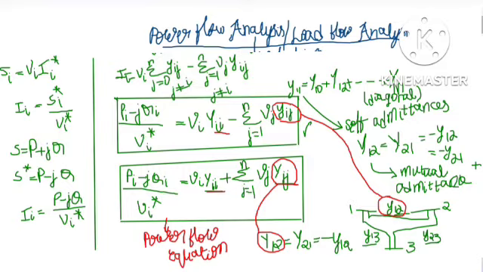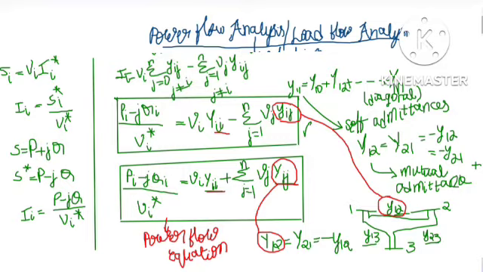While forming a Y bus, off diagonal element Y12, which is equal to Y21, can be written as negative of the admittance between the first bus and the second bus, or equal to negative of the admittance between 2 and 1.